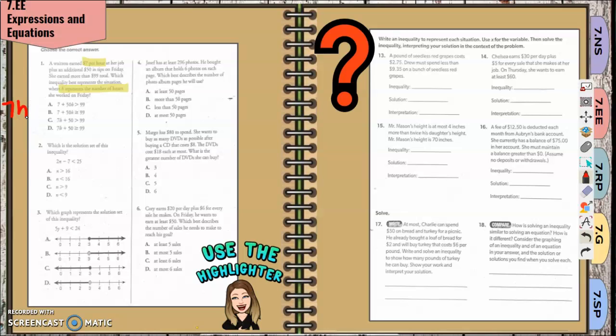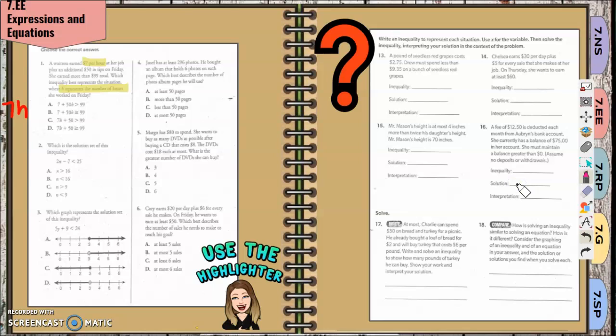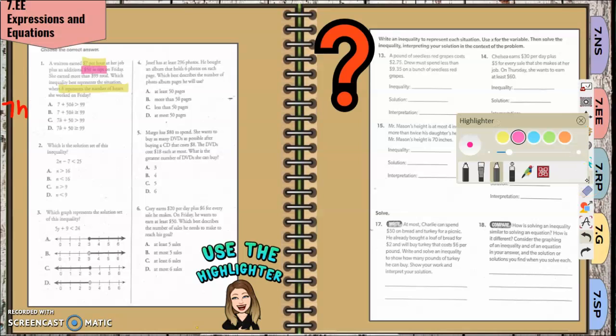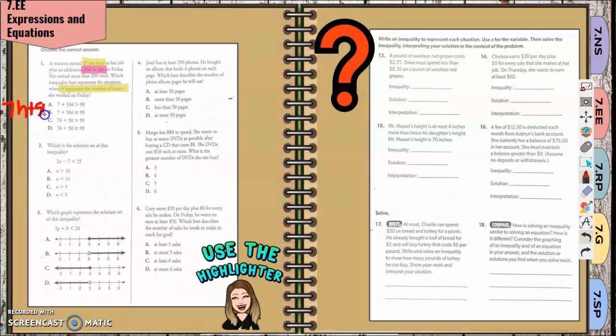And then it says plus an additional $50 in tips. So $50 is her constant because that's how much she made in tips. So that's not based off of anything. So now I have my coefficient with my variable and I have my constant.